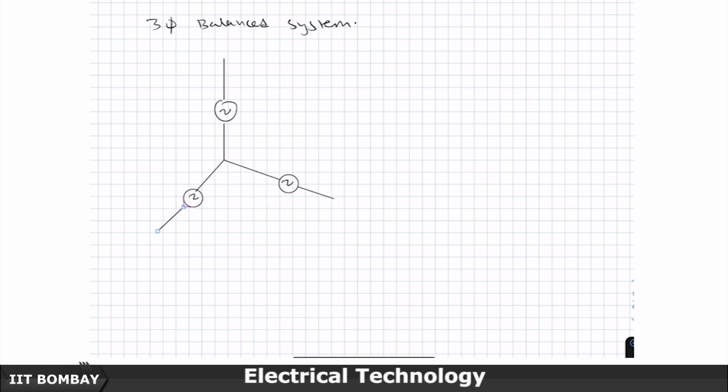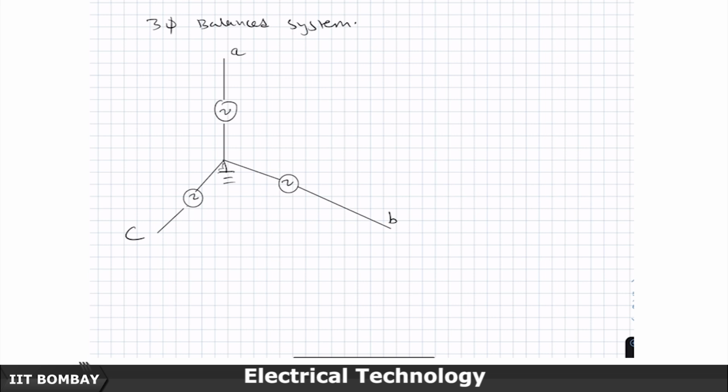So, this is your A phase supply, a balanced supply, which is connected in star configuration.